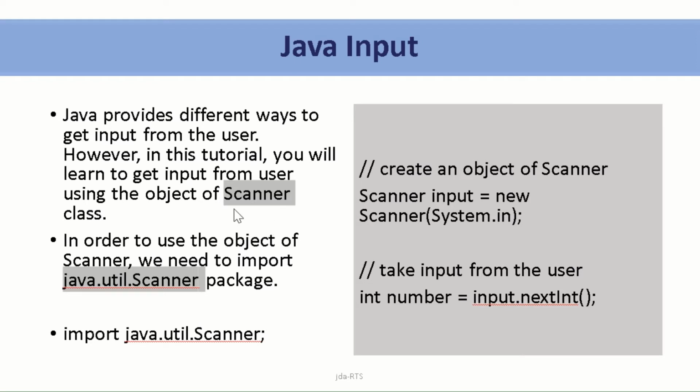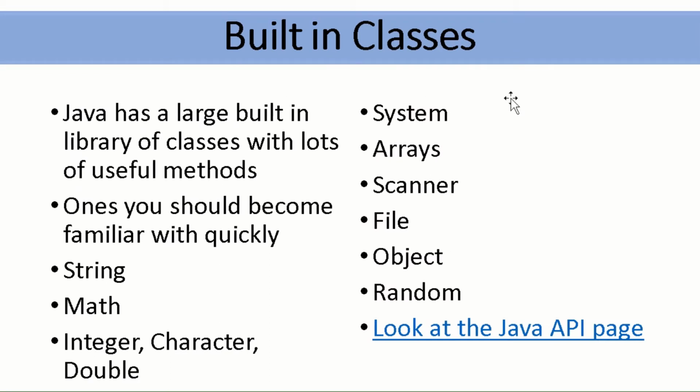That's the reason why we discussed those built-in classes in Java earlier: System, Arrays, Scanner, because most of the videos you will be exposed to in this tutorial will be using System, Scanner, Arrays, and those other built-in classes.